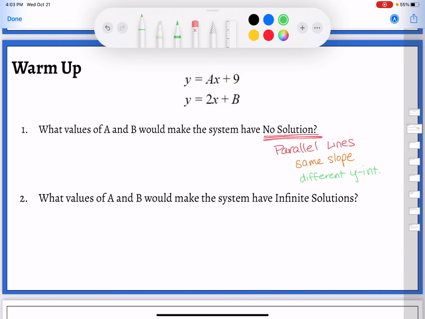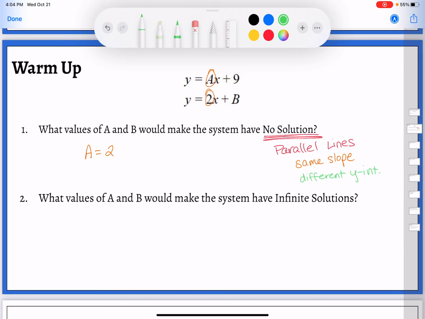So if I look at my system here, the placeholder for A is in the slope position for that first line, right? So y equals mx plus b, that A is in the m spot for my first line. If I look at my second line, the slope of the second line is 2. So if this is going to create parallel lines, the slopes have to be the same. So A must equal 2.